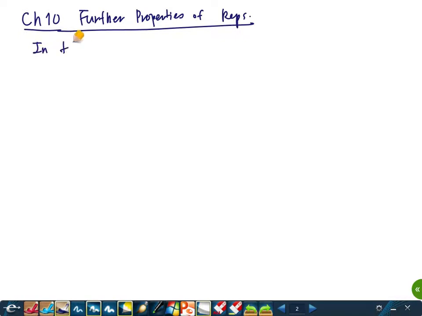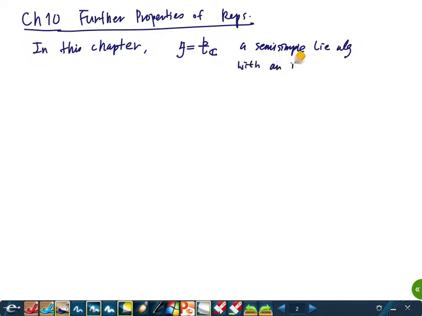As usual, we will fix this notation: G is the complexification of K, a semi-simple Lie algebra, and we assume that there is an inner product satisfying nice properties, and H is the Cartan subalgebra.